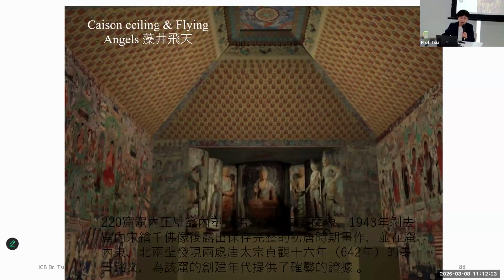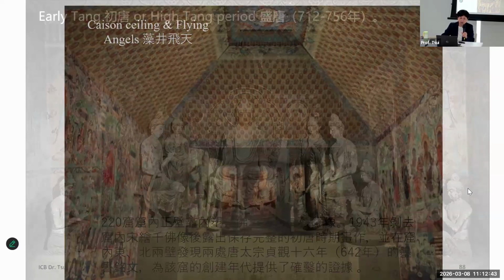So one example is from the early Tang cave 220. In cave 220, you can see in the main shrine we have a group of Buddhist sculptures with mural paintings on the south wall and the north wall.